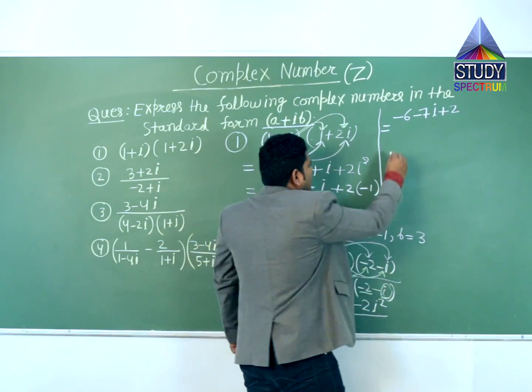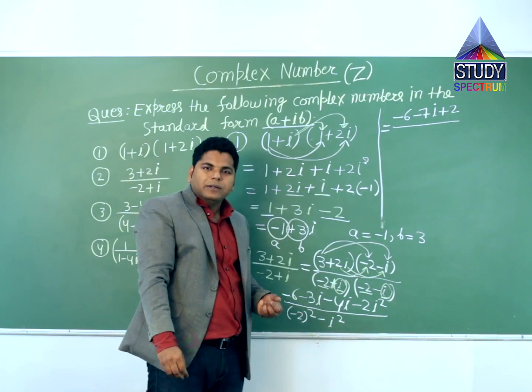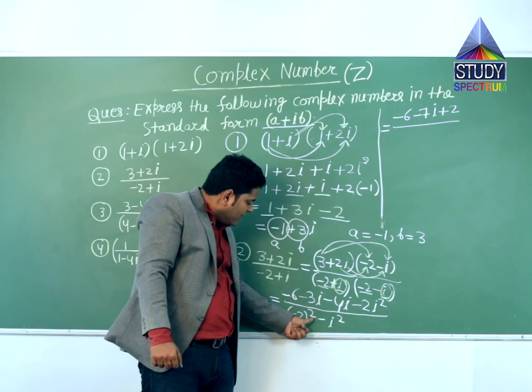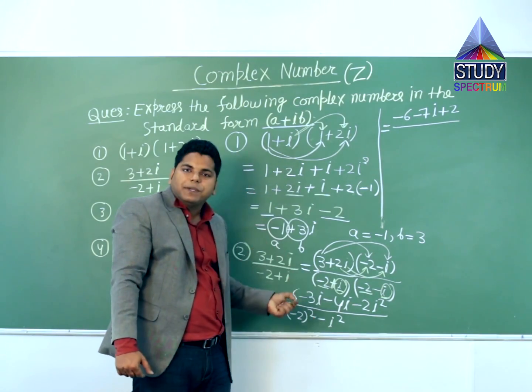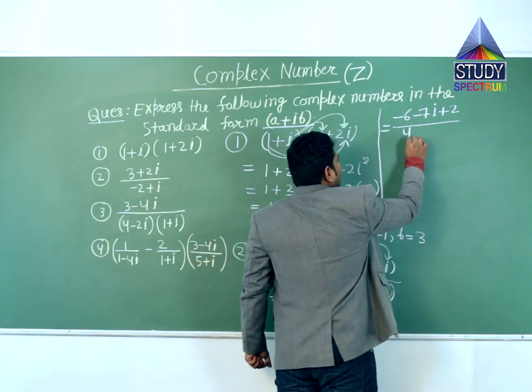Okay, now in the denominator, minus 2 whole square, when you have an even exponent on minus, it will become plus, and 2 to the power 2 is 4, so it will become plus 4.